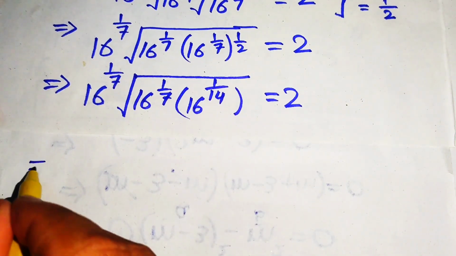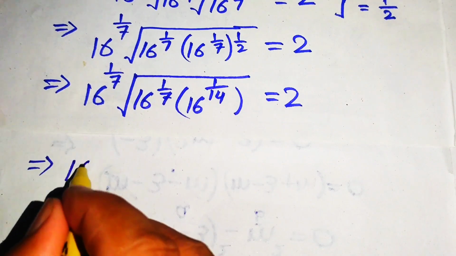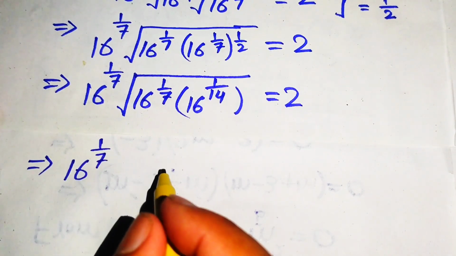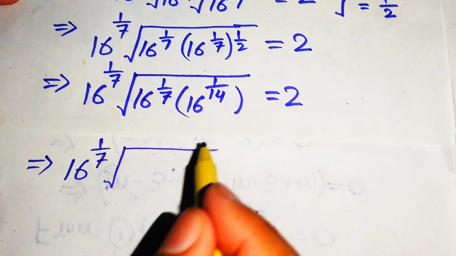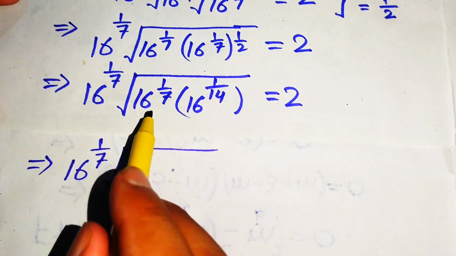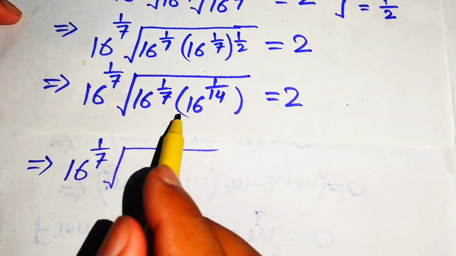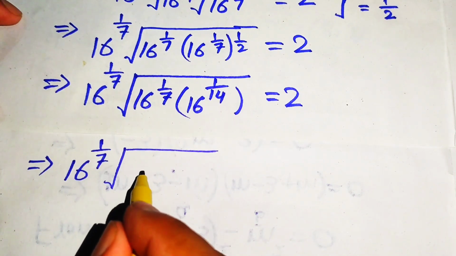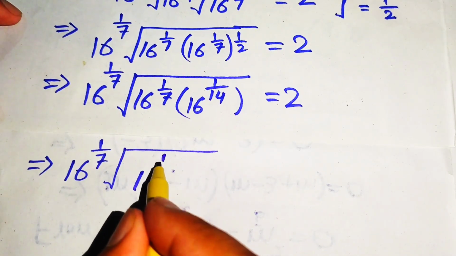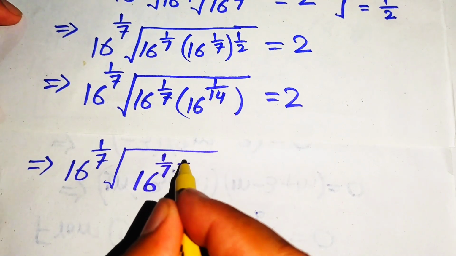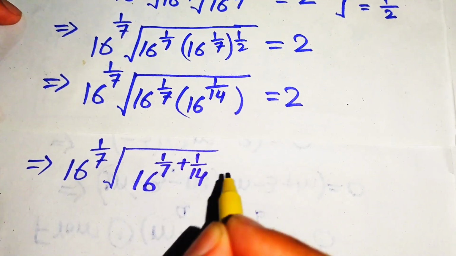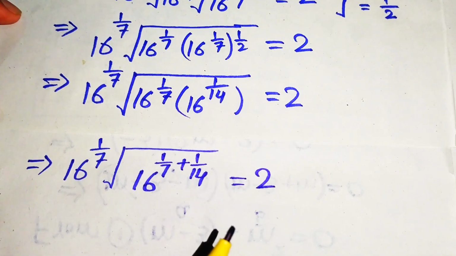Now in the next step we have 16 to the power of 1 over 7 into the square root; you see that these two are multiplied by each other and our bases are the same, so we add the exponents and write it as 16 to the power of 1 over 7 plus 1 over 14 equals 2.